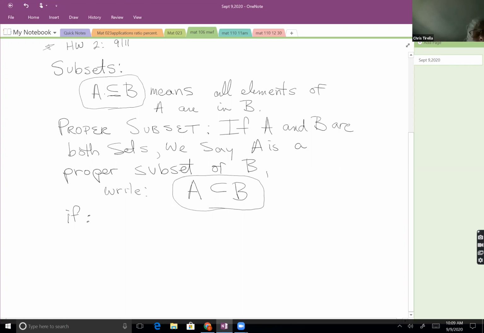And so actually the difference between subset and proper subset is very much like the difference between if I were to compare the symbols for less than and the symbols for less than or equal to.